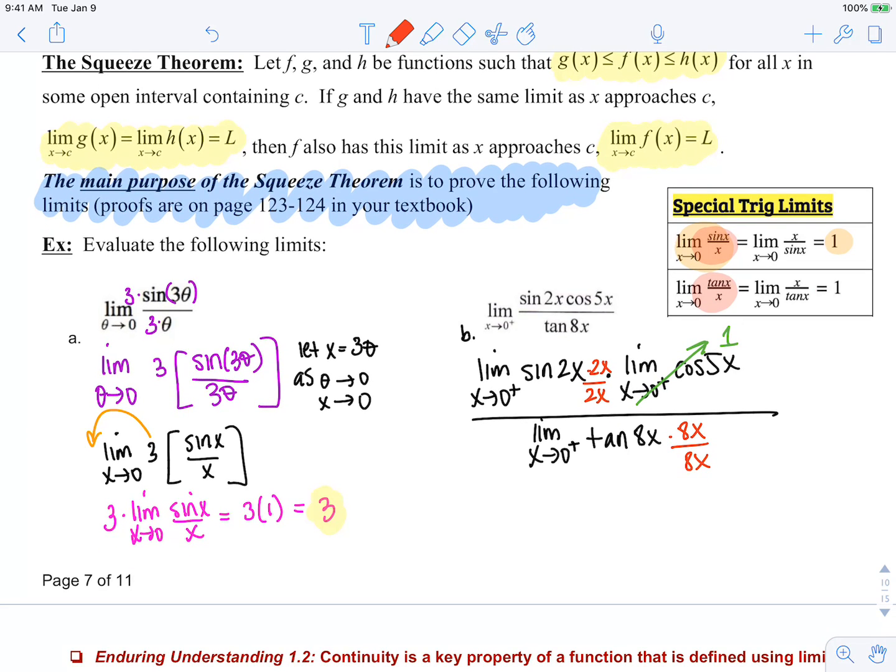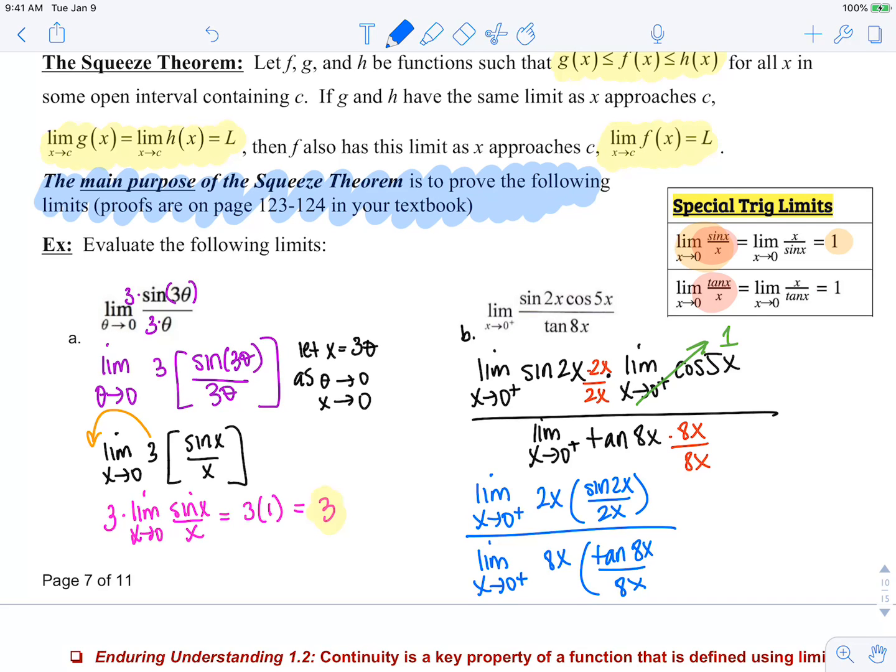So now we have the limit as x approaches 0 from the right of 2x times sine of 2x over 2x, and we remember that other piece is 1 already, divided by the limit as x approaches 0 from the right of 8x times tangent 8x over 8x.